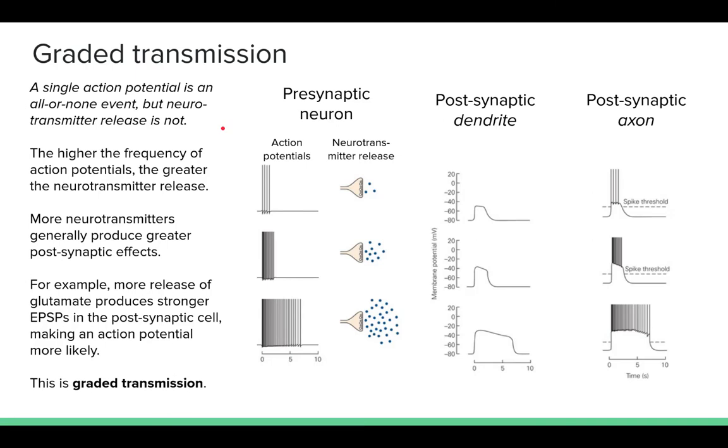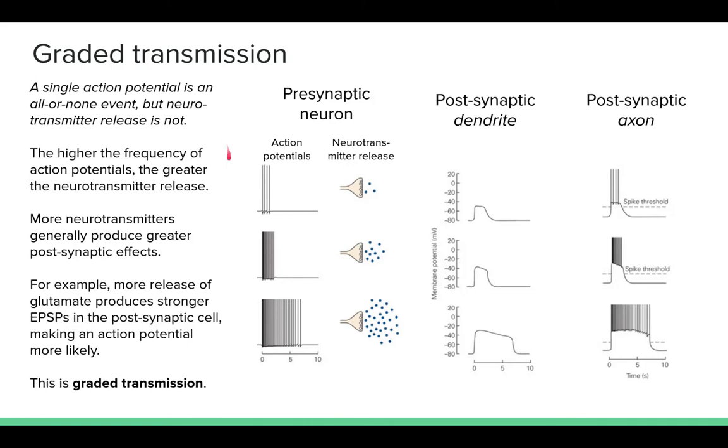And we also said before in the previous lecture that action potentials are all or none phenomena. But one important thing to realize is that even though action potentials are all or none, neural transmission at a synapse can still be graded, meaning it can still fall along a spectrum.